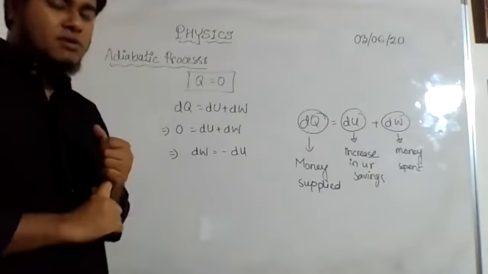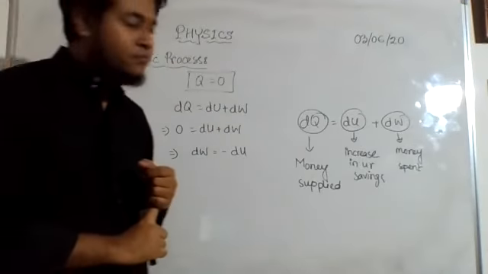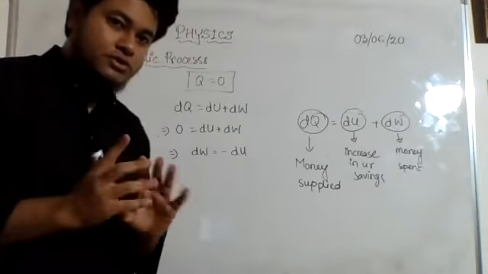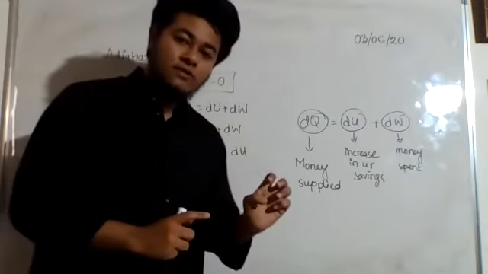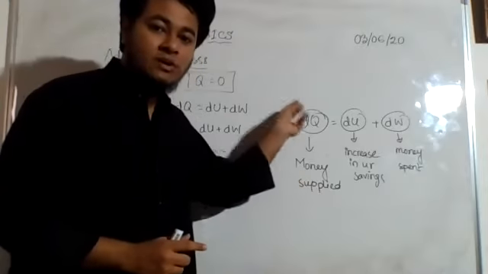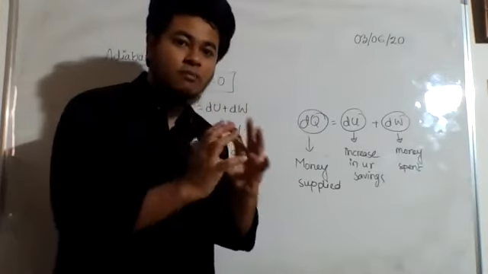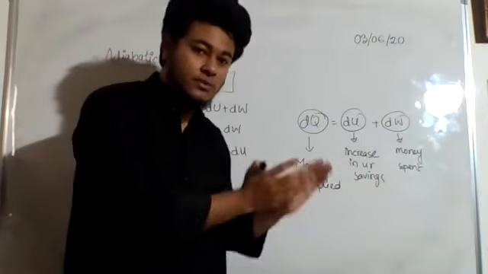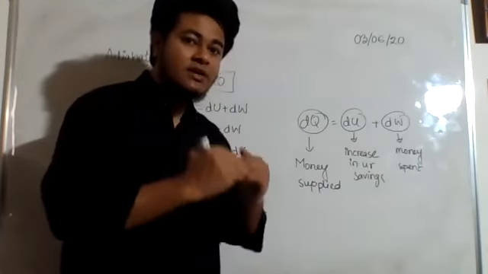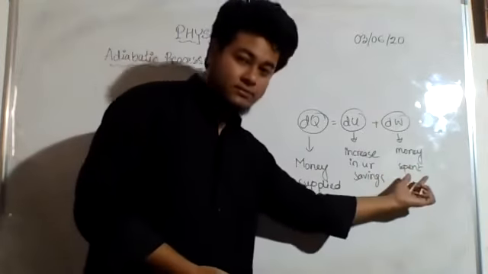According to the first law of thermodynamics, if I supply you some money, some part of the money you will use to increase your savings, and the rest of the money you will be spending.